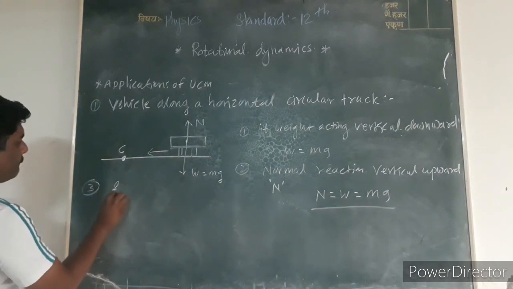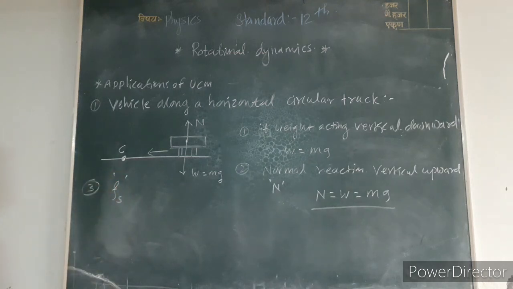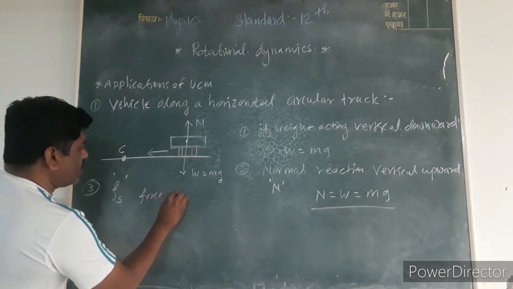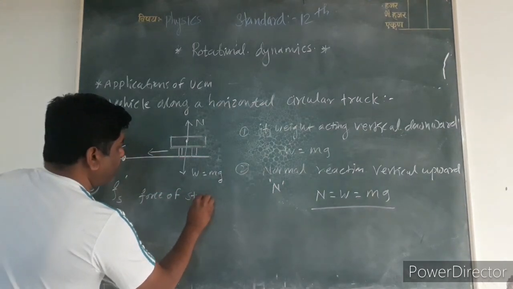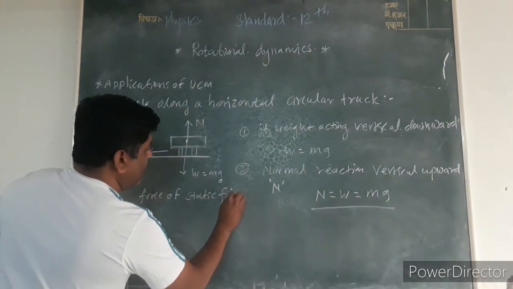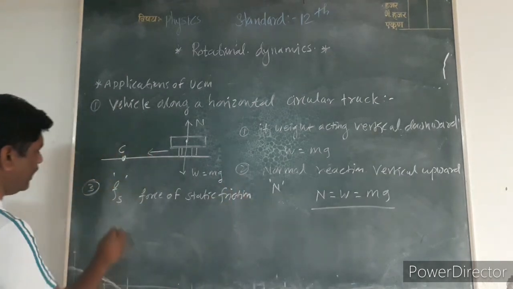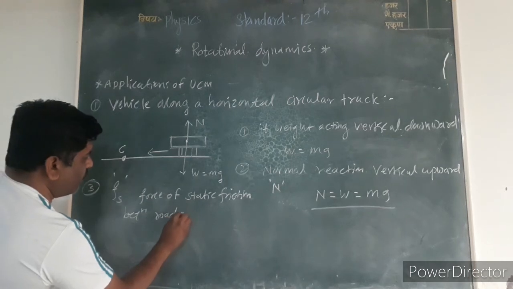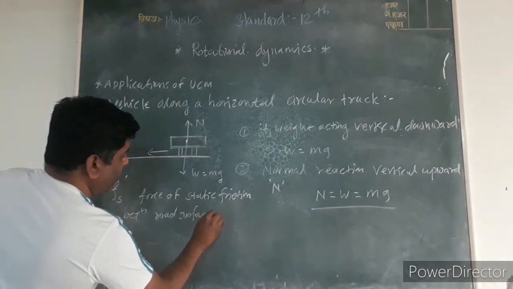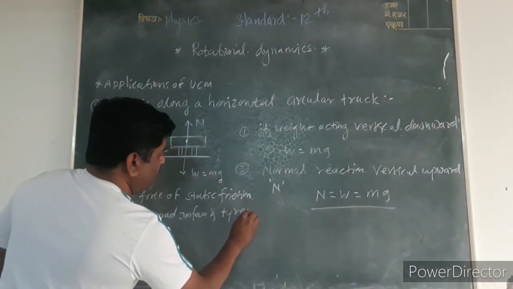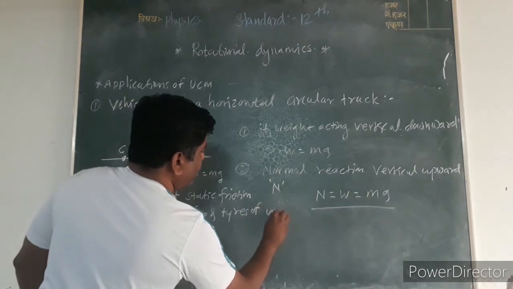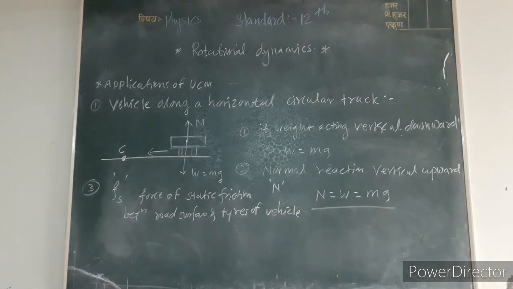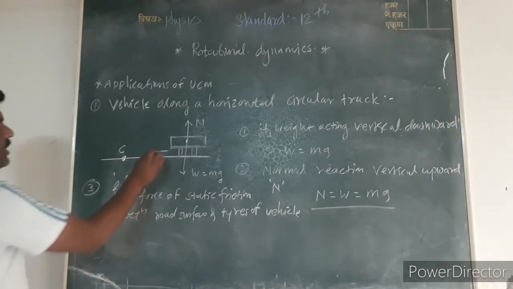Now the third force acting on this vehicle is denoted as Fs, and it is called the force of static friction between the road surface and the tires of the vehicle. This is the third force acting on the vehicle in this direction.